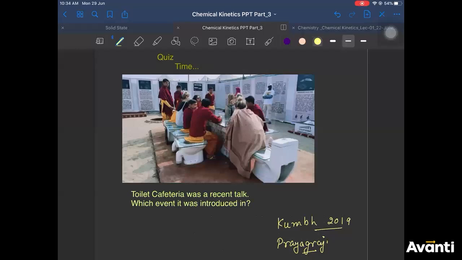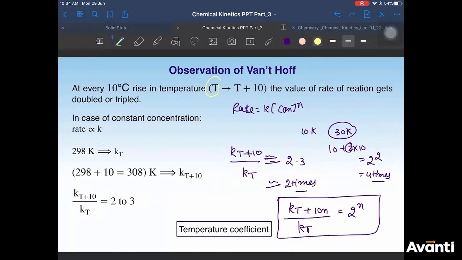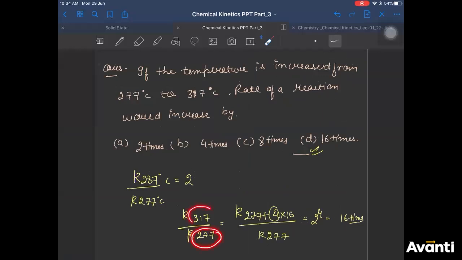Kishore, last problem, beta, it is a very easy problem. Kishore, can you tell me what is your doubt? Kishore, I simply gave you the formula. If you increase the temperature by 10 Kelvin, it becomes 2 times. If you increase the temperature by 10 times n, then it becomes 2 to the power n. So we increase the temperature from 277 to 317.